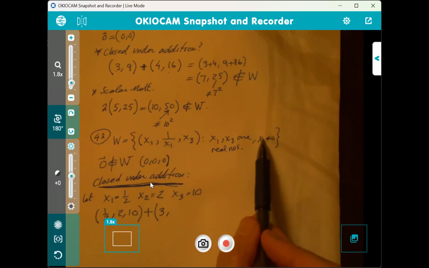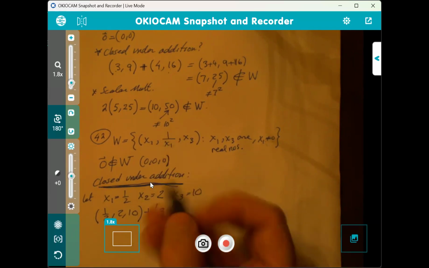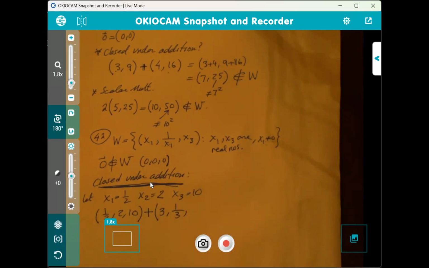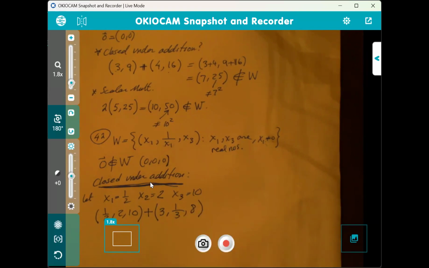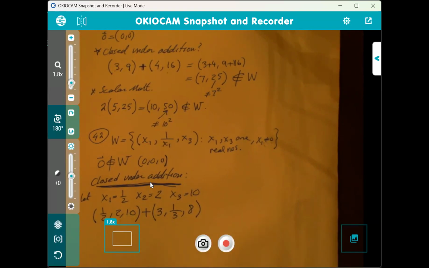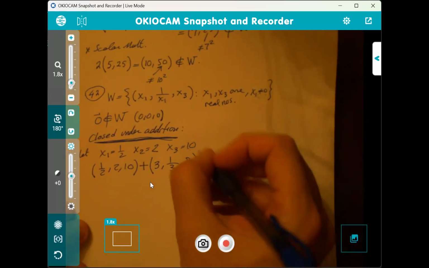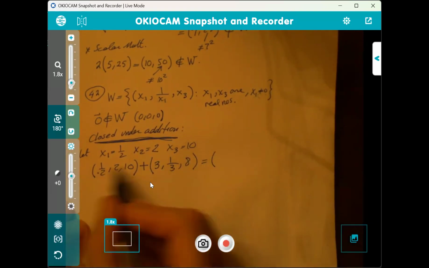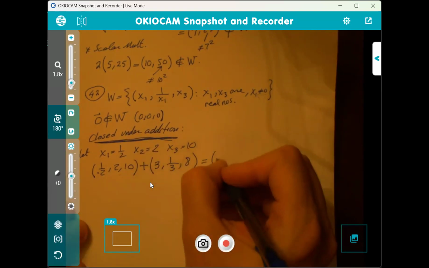So I picked x1 to be 3. x2 is the reciprocal of that, 1/3. x3 is any number you want, I'm going to choose 8. Let's add these two. The way we add them is like you always add two vectors: you add first components, second components, last. A half plus 3 is 3.5.